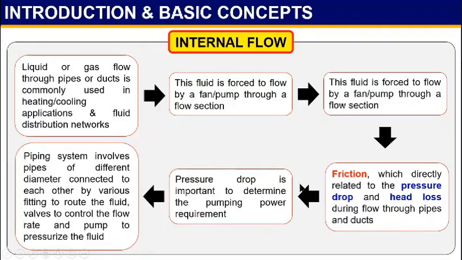Pressure drop is important to determine the pumping power requirement. That's why a piping system involves pipes of different diameters connected to each other by various fittings to route the fluid, valves to control the flow rate, and pumps to pressurize the fluid.